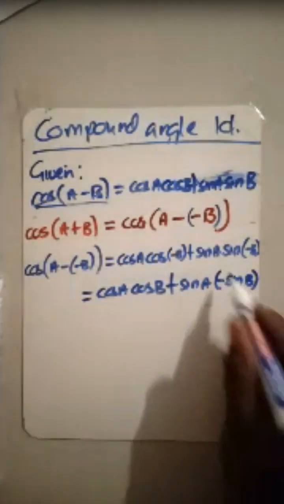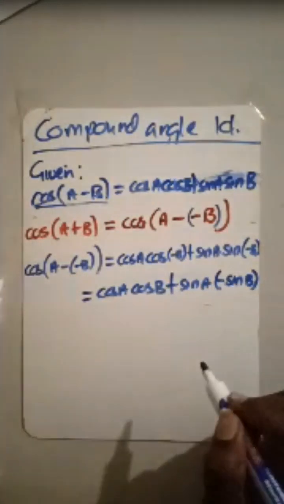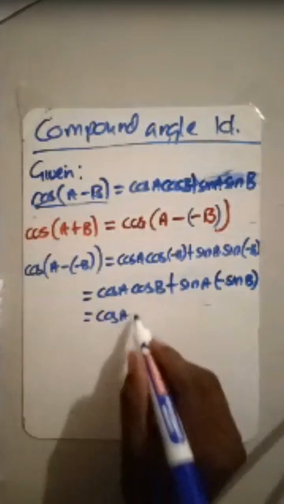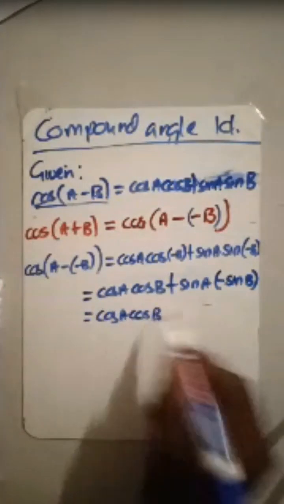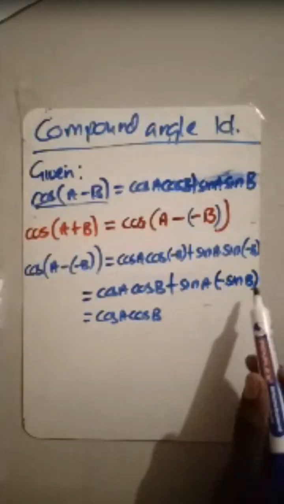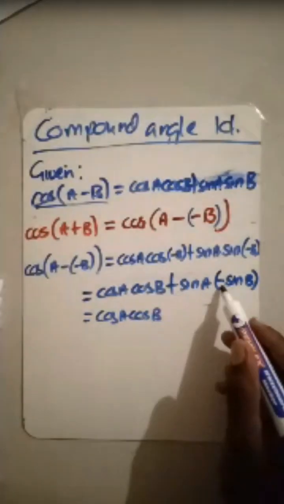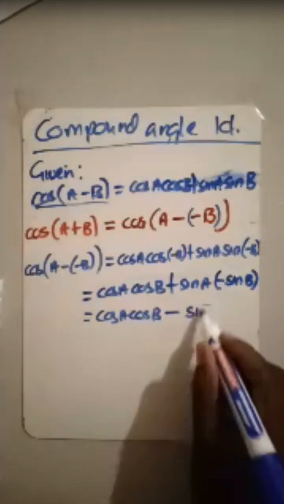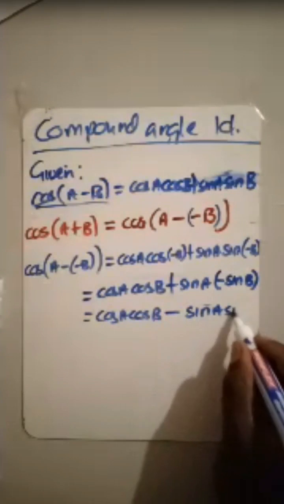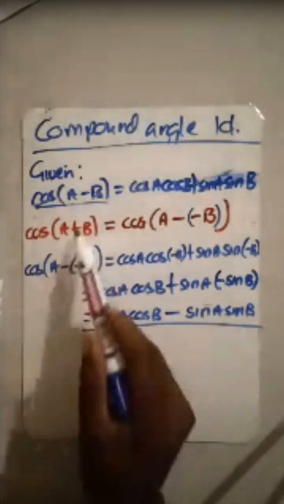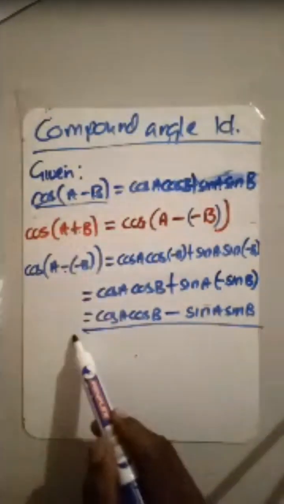Because we are multiplying. So this is going to be equal to cos A cos B, then positive sine multiplied by negative sine. What do we get? Positive times negative, we get negative. Then we have sine A sine B. So we know that this one is the same as that.